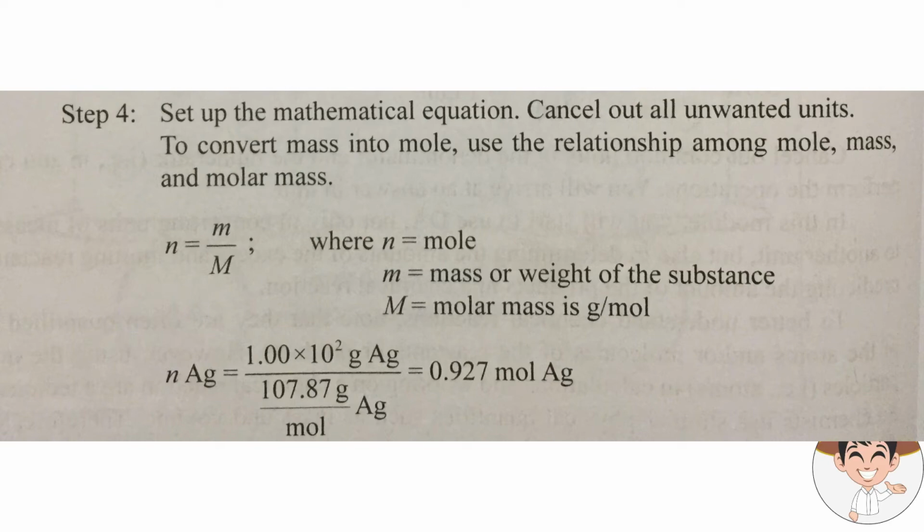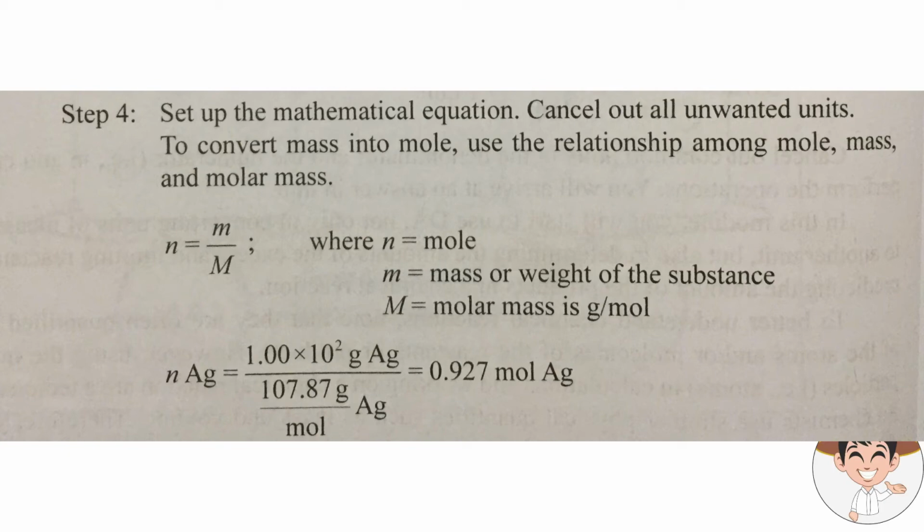So with the mass given, to get the number of moles of silver, we have the mass 1.00 times 10 raised to 2 grams divided by the molar mass. So we already have 0.927 mole of silver.